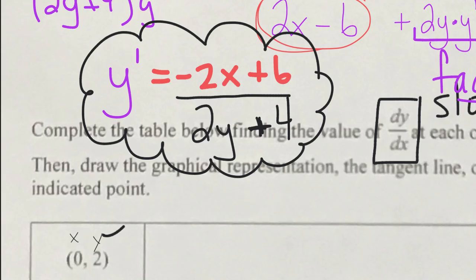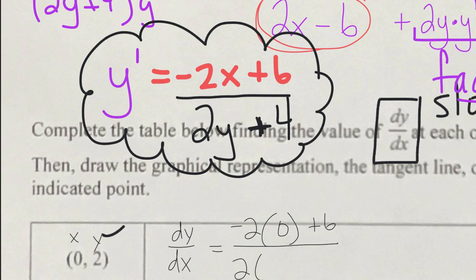Okay, so the slope, or dy dx, right, we could write that if you want to, or you could write y prime equals -2 times 0 plus 6 divided by 2 times 2 plus 4. You plug the x coordinate in for x, and you plug the y coordinate in for y.